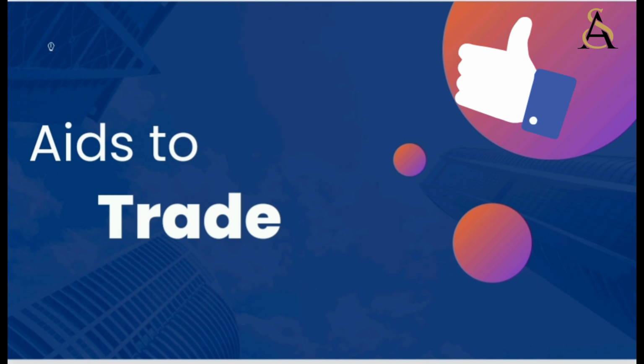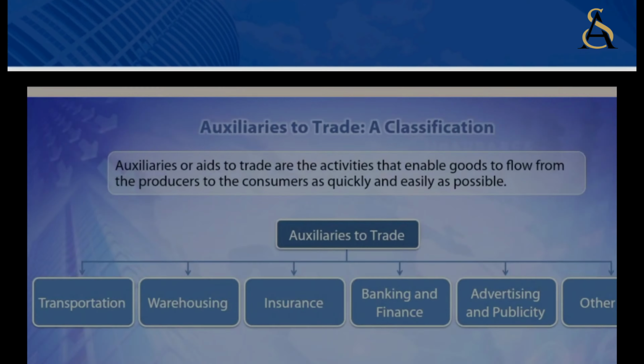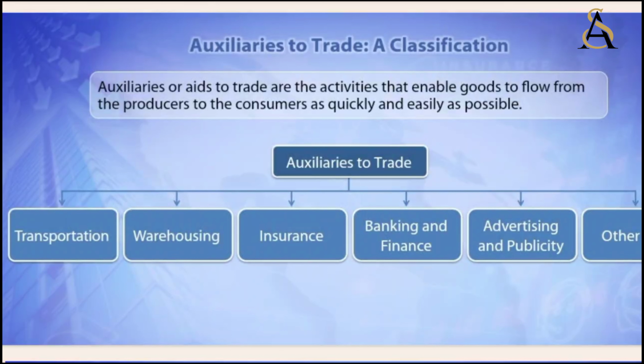Next is aids to trade. Aids to trade or auxiliaries to trade means one and the same thing. These are the activities that enable goods to flow from the producer to the consumer as quickly and easily as possible.